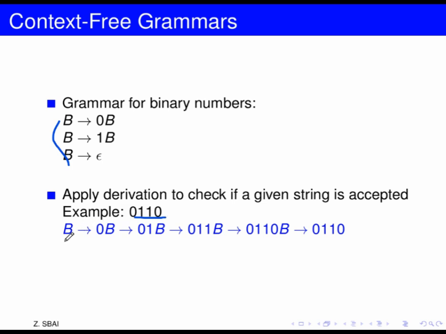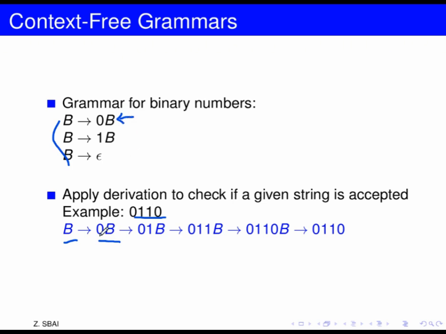How to apply the rules? It's simply a matter of substitution. We substitute the first symbol, which is here B, by 0B. We have applied the first rule here, B produces 0B.